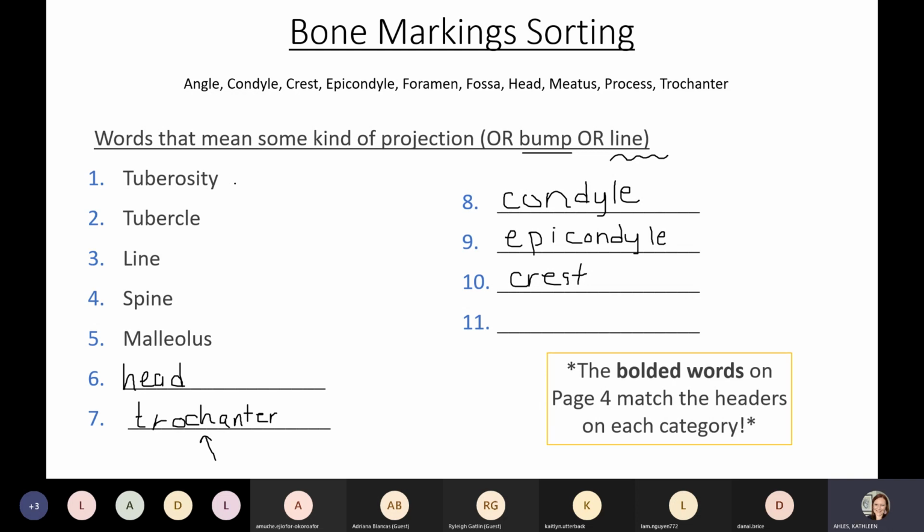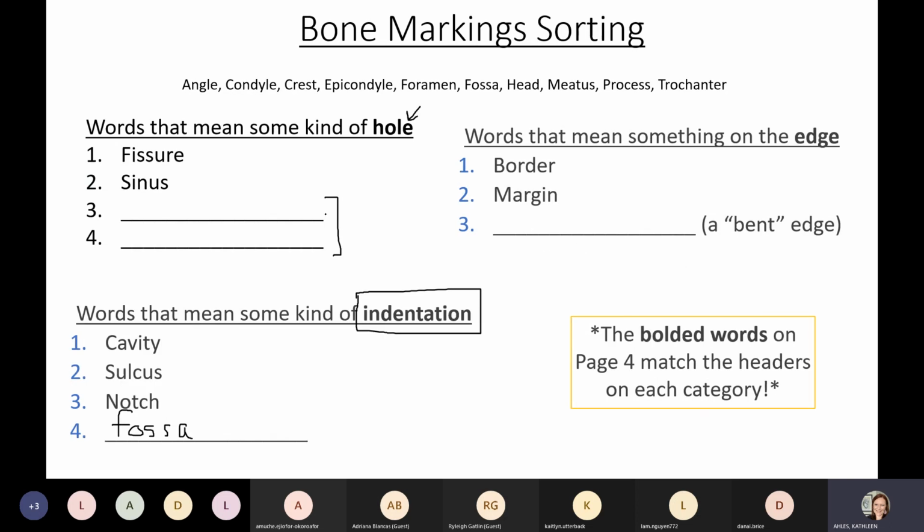For you to be able to answer that question, you need to know that a tuberosity is something that sticks out and it's not a hole or an indentation. Or I'll ask you, hey, which of these is most likely to be a fossa? You need to know that a fossa is an indentation. It's not something that sticks out.